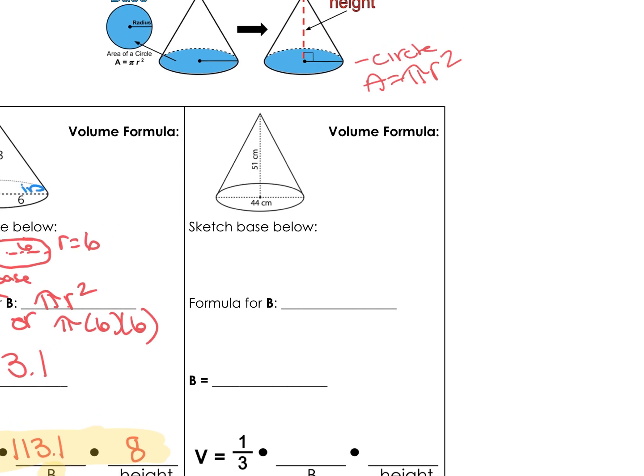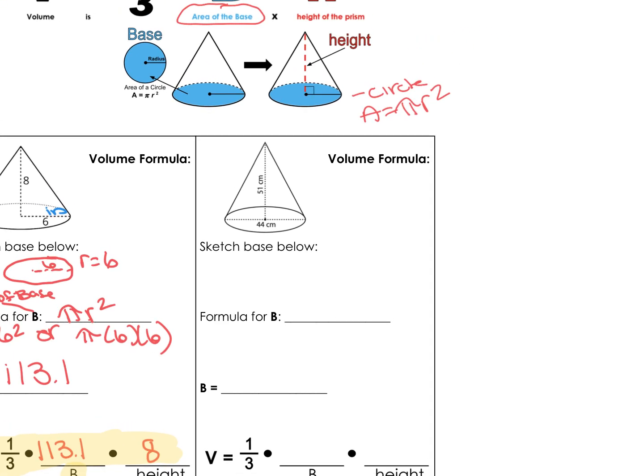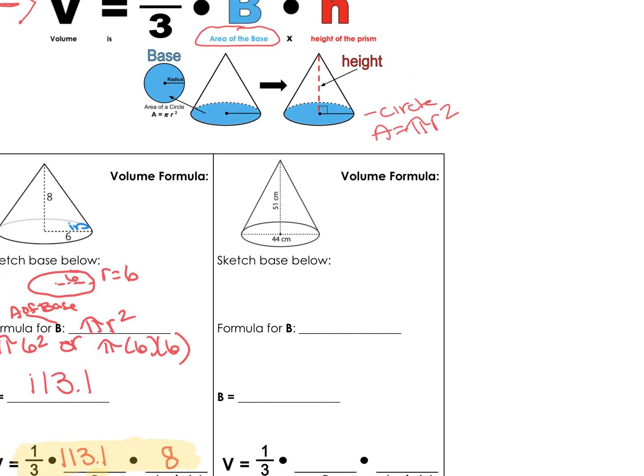Taking a look at the next one, same thing. Here we're going to find the volume. So I know with my volume formula that volume is the 1/3, right? My big B times H. And the great thing, don't feel like you have to memorize this formula. It is on your star chart.